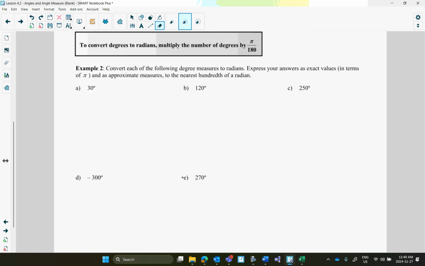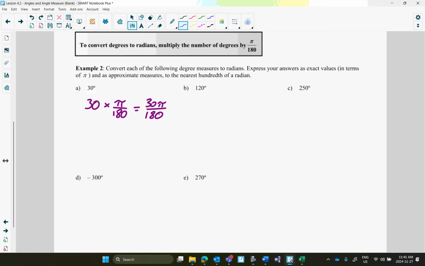So if I said 30 degrees, we're going to do it 2 ways. We're going to express it in terms of pi, so we're going to have pi in our answer, or we're going to get a decimal approximate. So how do I convert 30 degrees? Well, I just do 30 times pi over 180 equals 30 pi over 180.